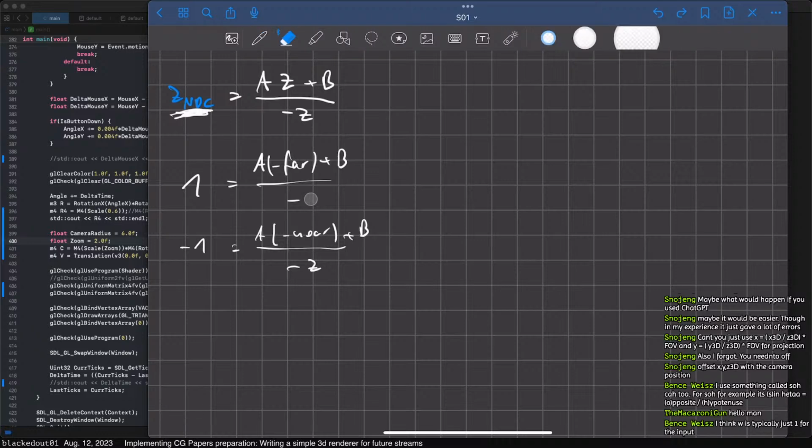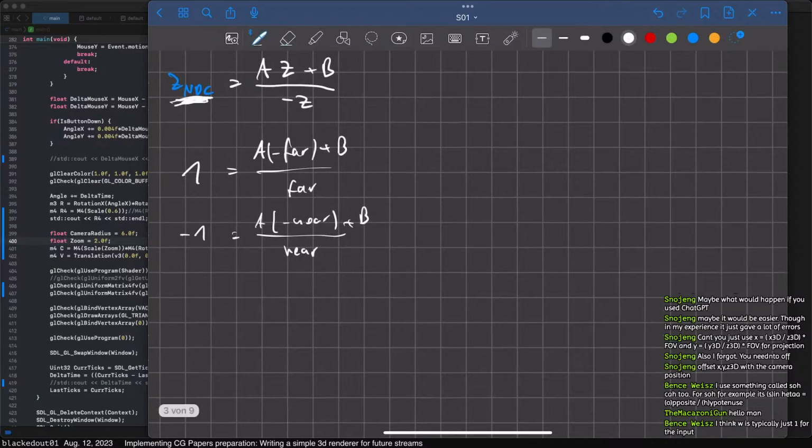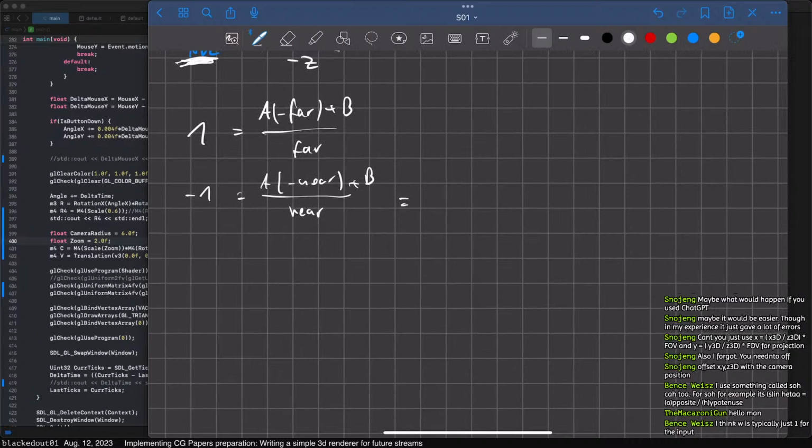Oh, and also, of course, this just results in far, and this one just results in near, because the minuses cancel. So we can also rewrite this a little bit.